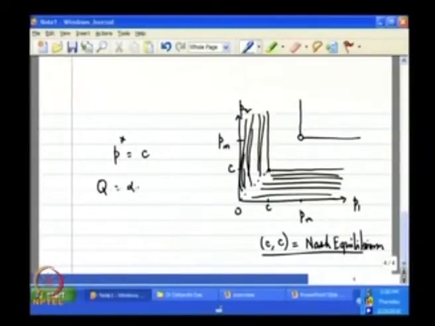Q is alpha minus C, because price is C, and which means that individual output level is going to be half of this, alpha minus C divided by 2, and mind you, profit is going to be 0 here, because there is no difference between the price and the cost.